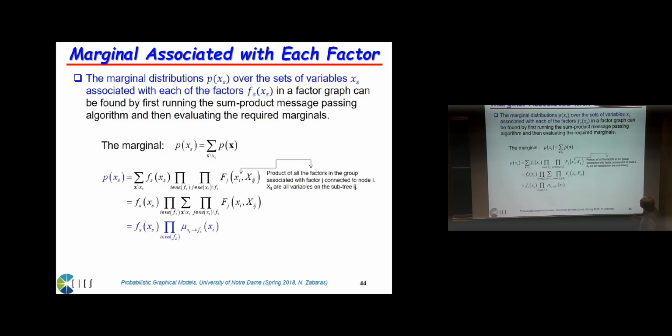But what I wanted to prove for you in 2 lines was that if you're interested in computing the marginal of all the nodes affiliated with one factor, so if you have a factor connected to, let's say, 3 or 4 nodes, look how easy the calculation looks. Take the factor corresponding to all these variables and multiply with all the incoming messages from the nodes that are neighbors of the factor.